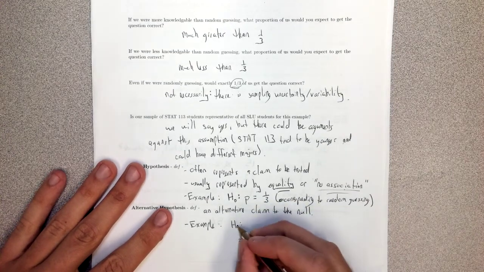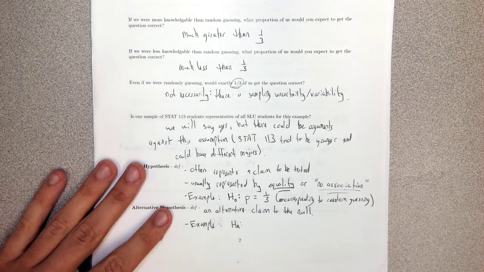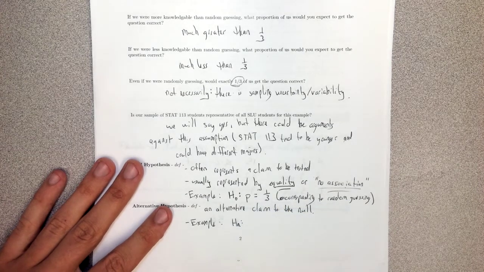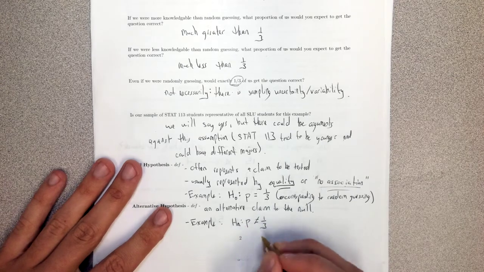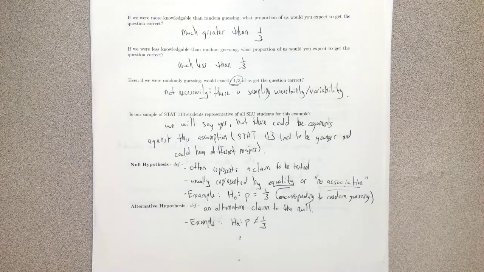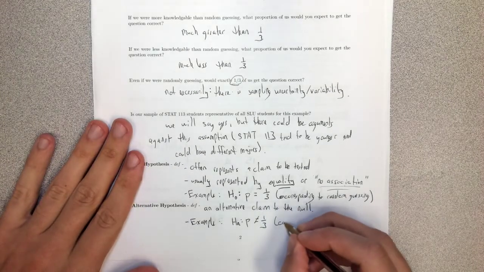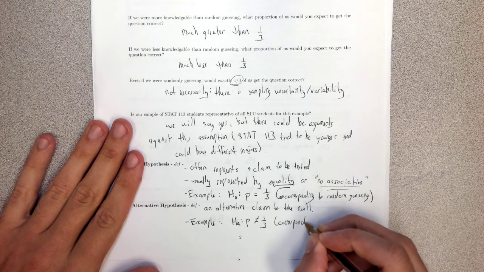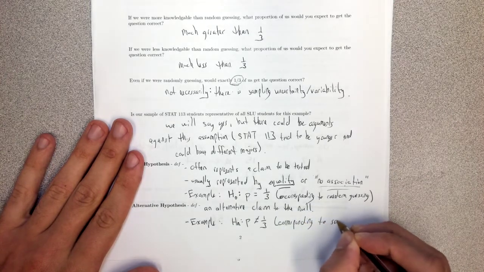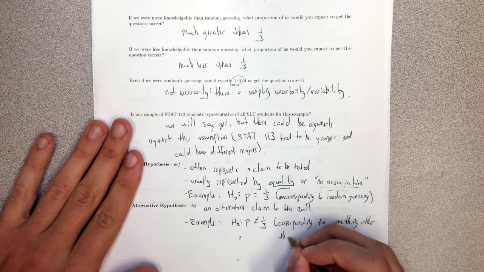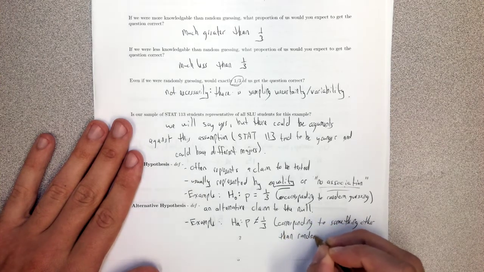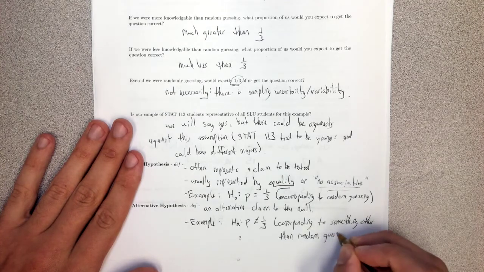And so we're going to abbreviate it as H with a little a for alternative, give it a colon, and then say that the proportion of all students who would answer this question right is different than a third. And so this is going to be our hypothesis that's corresponding to something other than random guessing. So it could be better than random guessing, could be worse than random guessing.